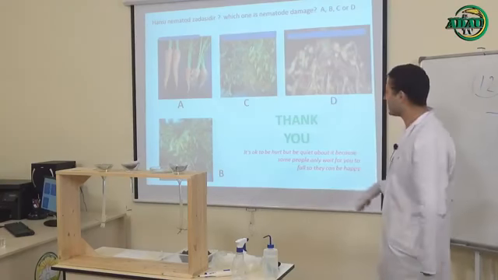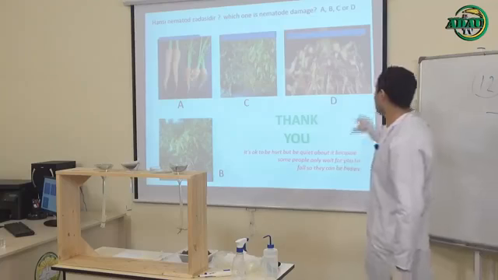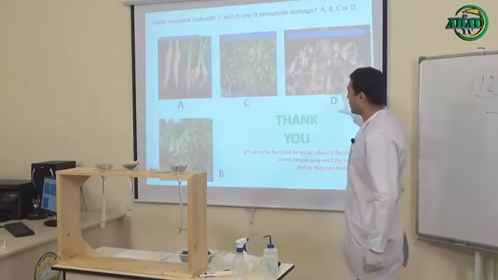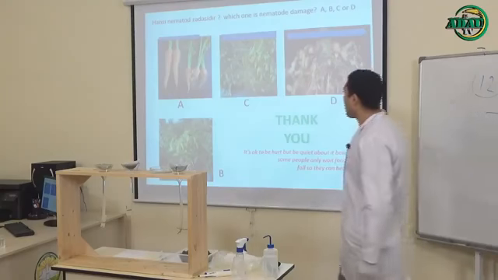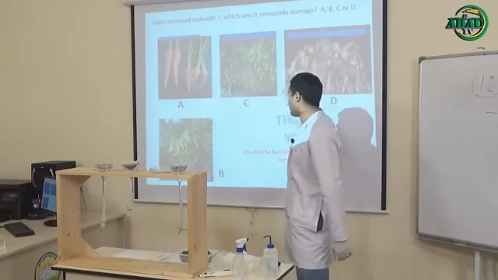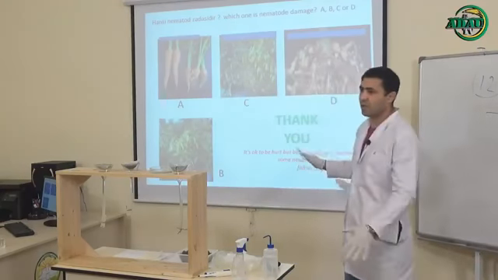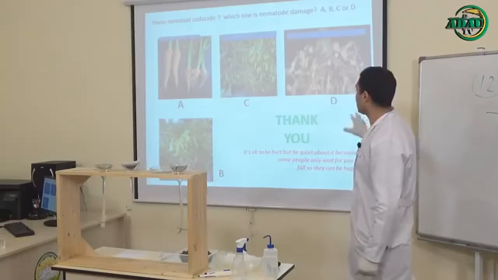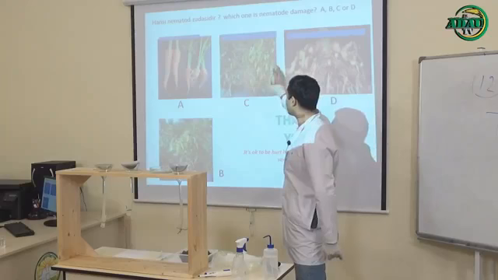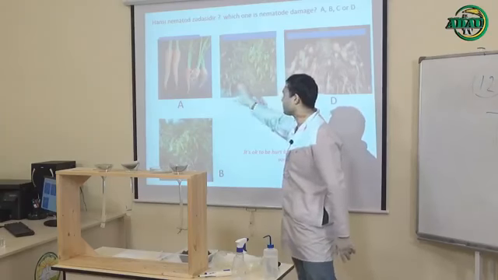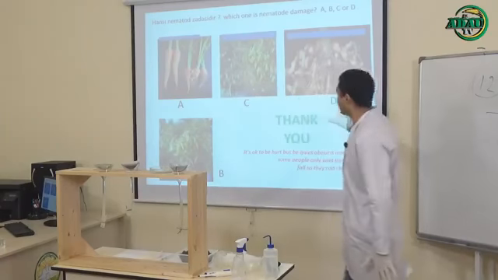I am sure that most people will say D, which is also true, but I would like to tell you that all of them are nematode damage. That's why you have to take care about this point. The nematode damage can be on roots or plants, leaves, stems, or everywhere.